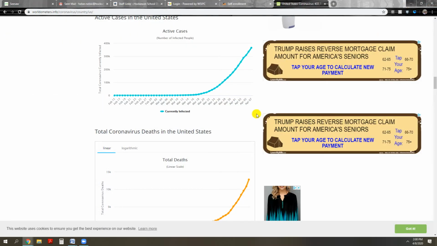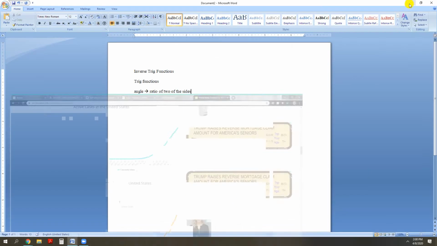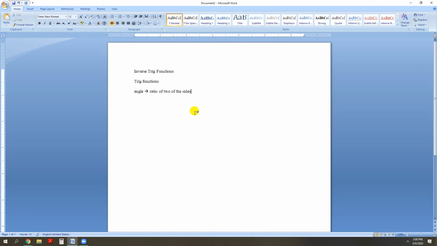So, going back to where we just were, there are three of these that you have likely seen thus far in your geometry career. Sine, well, let's say we have our angle, we give that to sine, and that's going to give us the opposite over the hypotenuse.